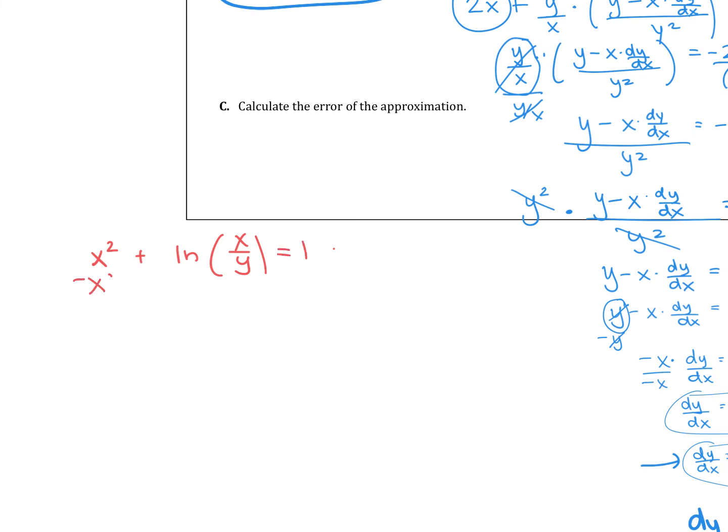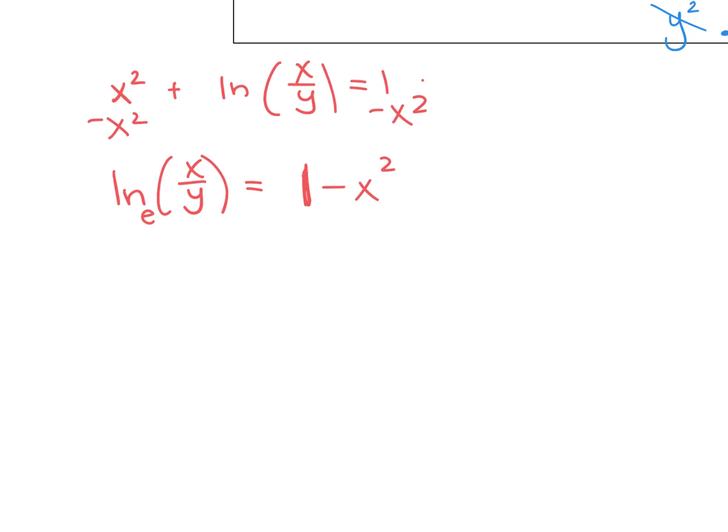I'm going to subtract x squared on both sides. I get natural log of x over y equals 1 minus x squared. Now I can rewrite this because natural log is base e. I can rewrite this in exponential form instead of log form. To do that, I can say e to the power of 1 minus x squared is equal to x over y.